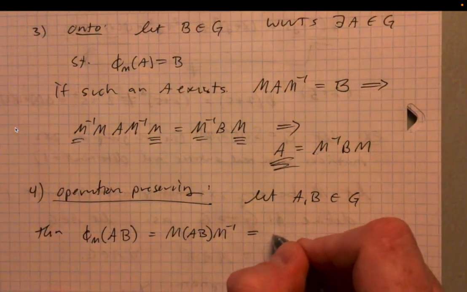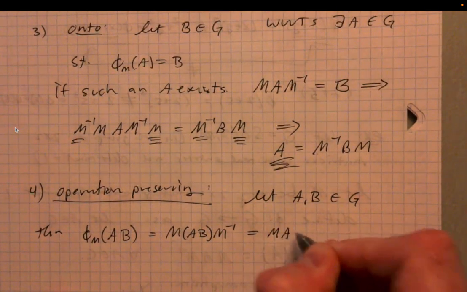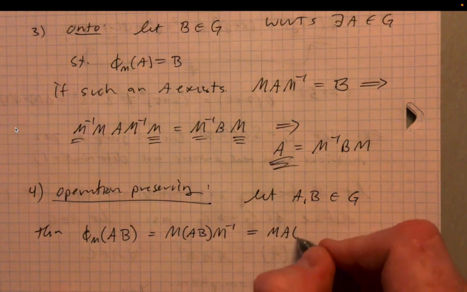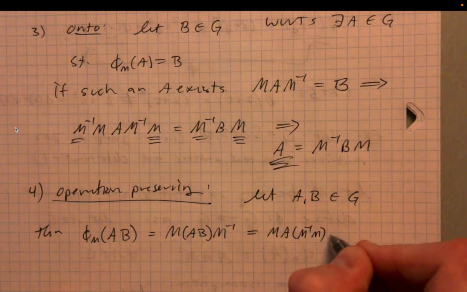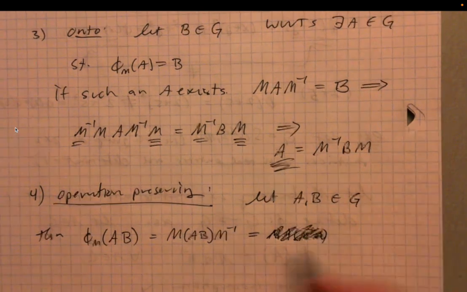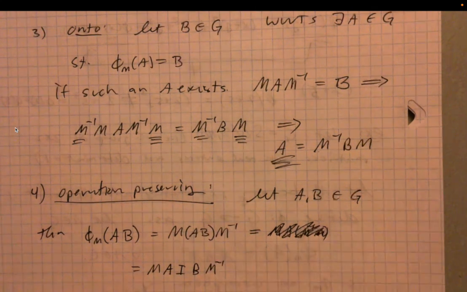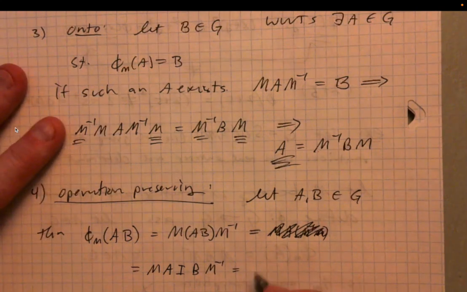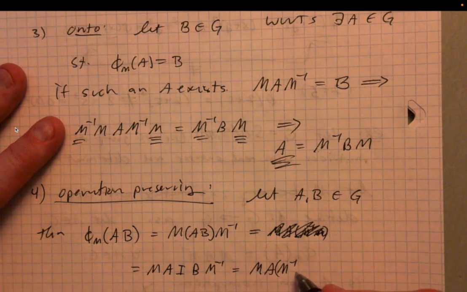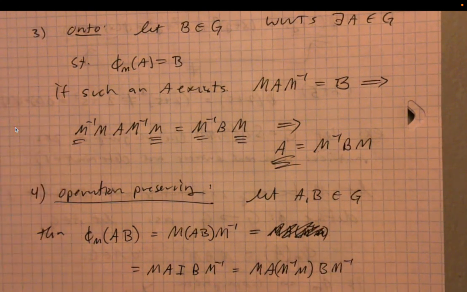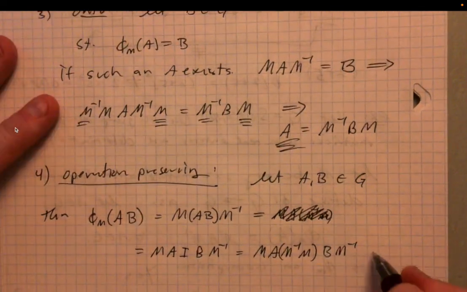We could say this is equal to M A, and then right between there, let's put in an M inverse M. Let's be a little more thorough: this is equal to M times A times the identity times B times M inverse. There's no controversy there. That identity element could be written as M inverse M. And so you can see where this is going.